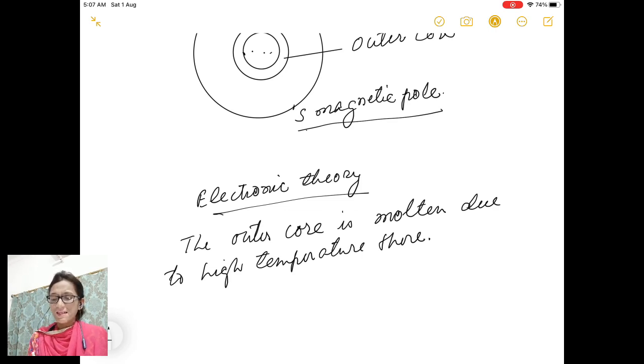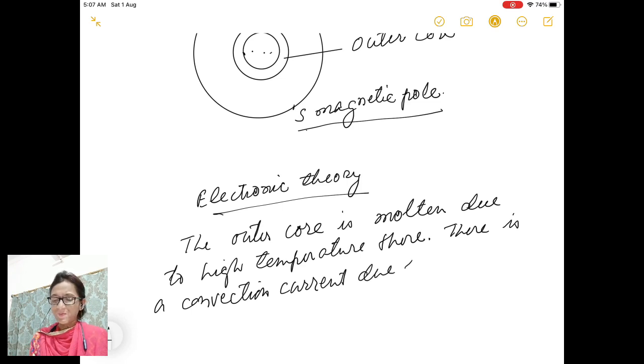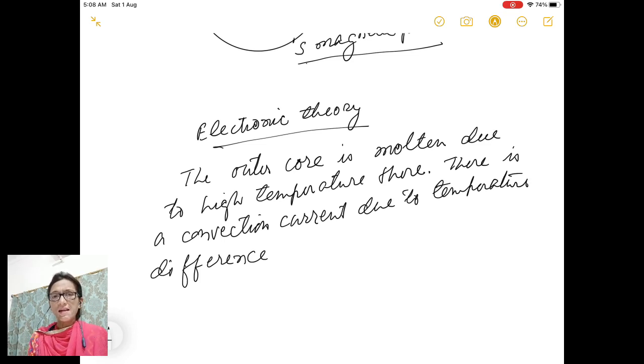And also there is a convection current due to temperature difference between the inner part and outer part.